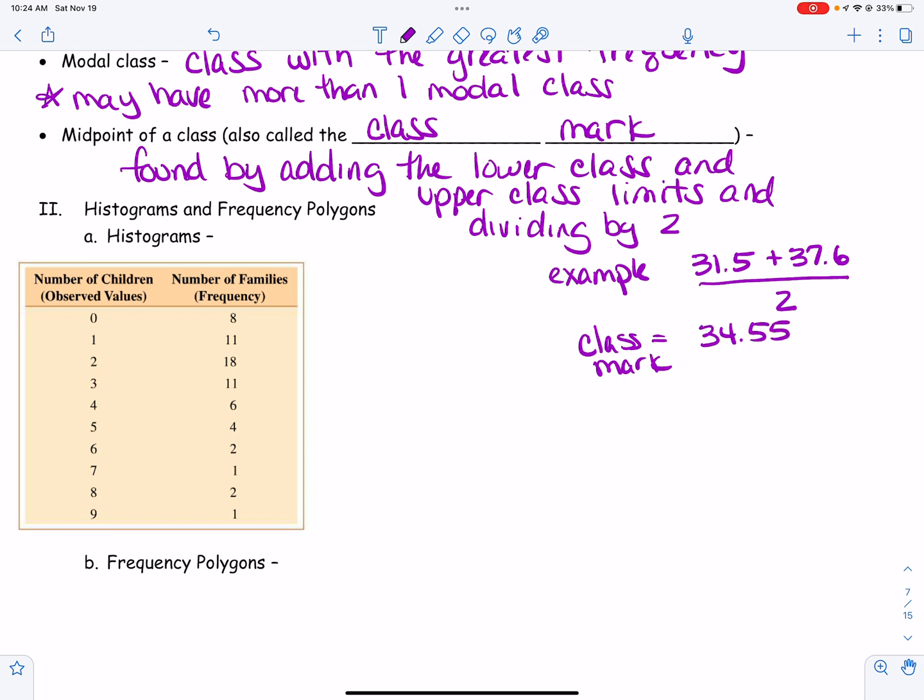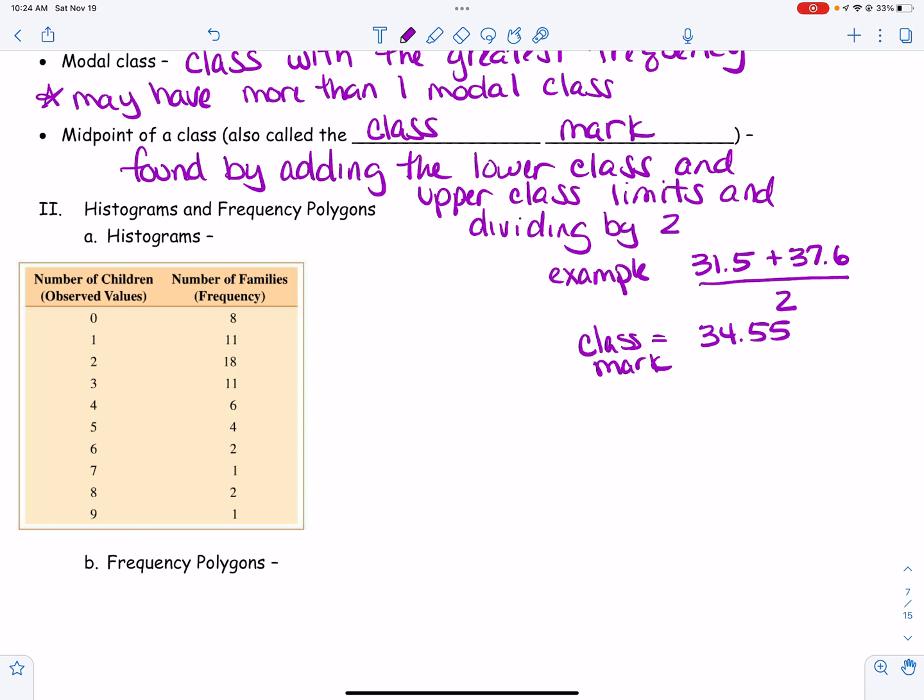So that's just sometimes another way to put our data, having that middle point rather than having the end and the beginning of the class. Now, the histograms and the frequency polygons in your MyMathLab are going to be multiple choice, but we're going to actually draw these by hand just so that you get a feel of how they are created.